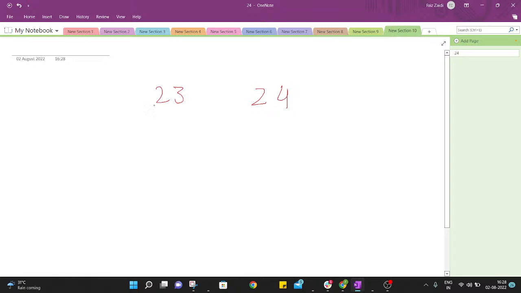What is the ones place value here? This is 3 and this is 4, but the tens place value is the same. It is 2. Because the tens place value is the same, we are going to compare the ones place value.